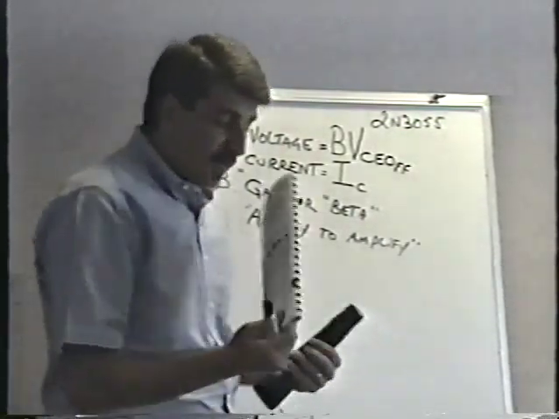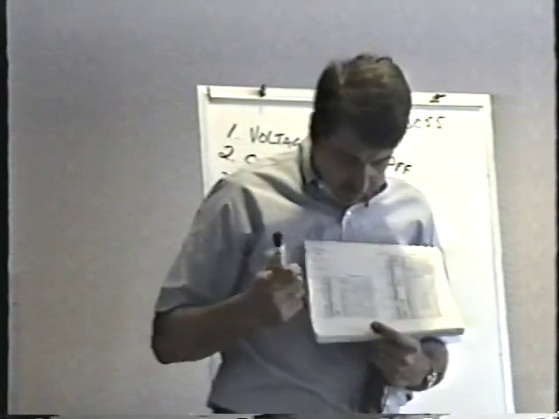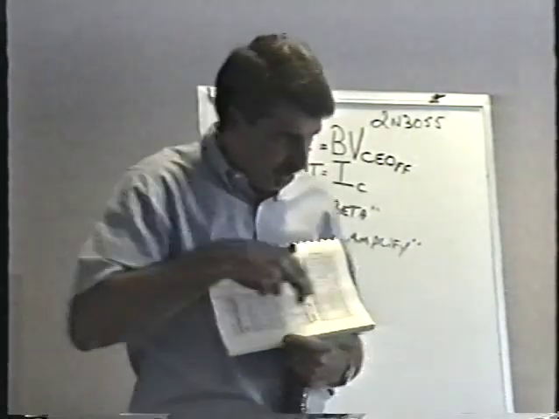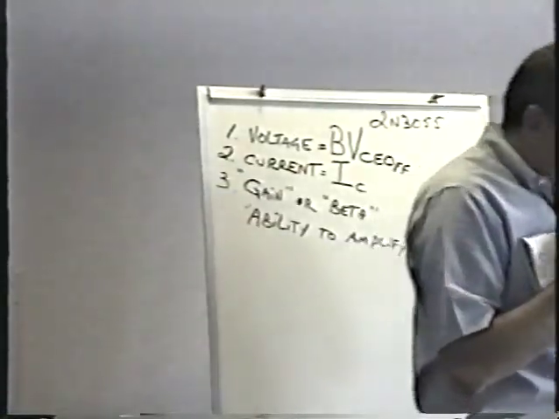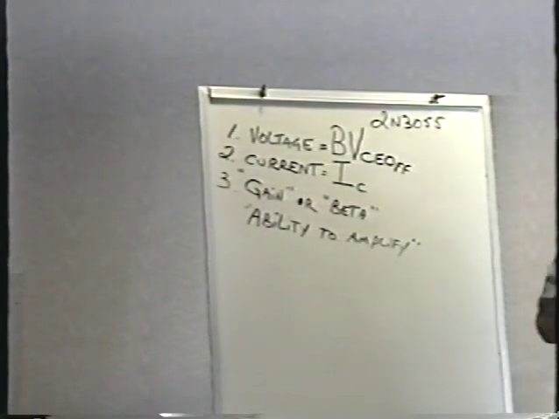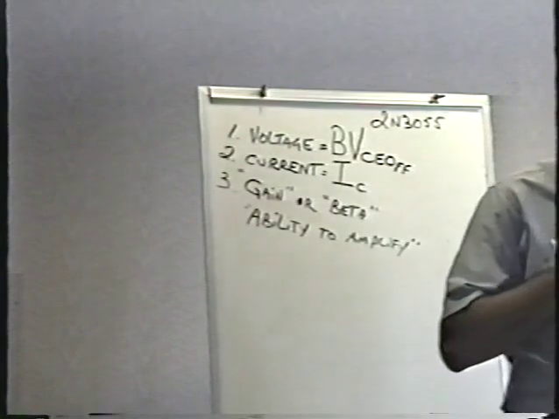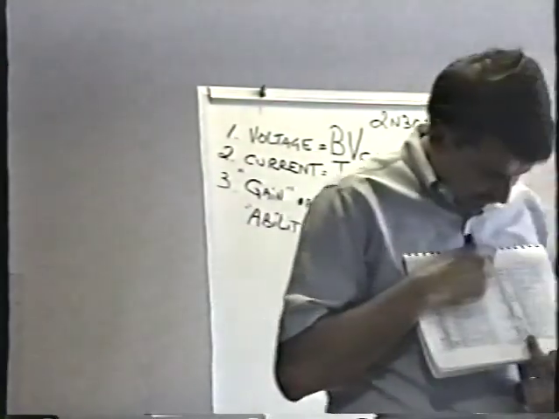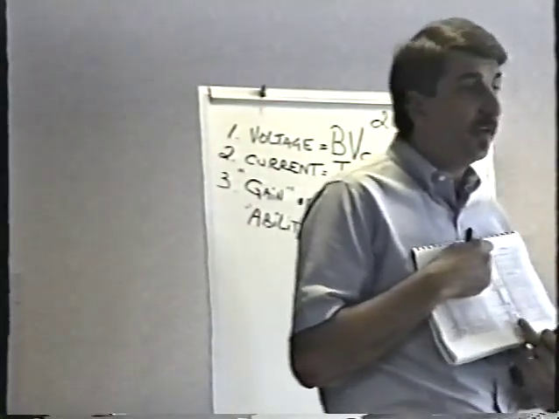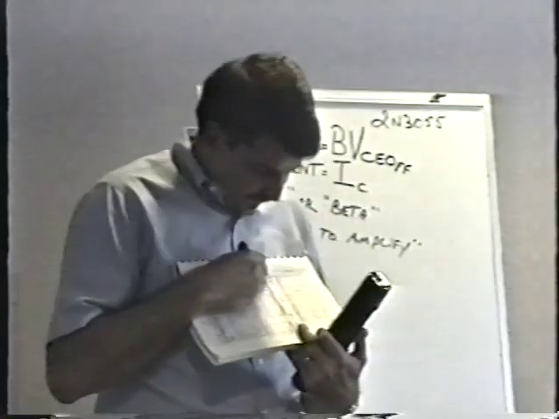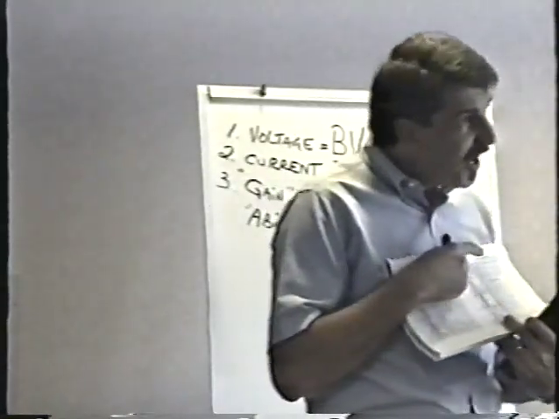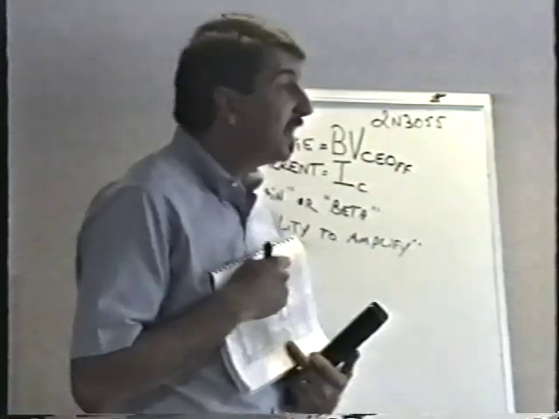So let's find that 2N3055. If you look at your chart on page R7, there are obviously 2 charts here. On the very top of the right-hand side, under device type, you see NPN 2N3055. Right next to it under PNP, it says MJ2955.